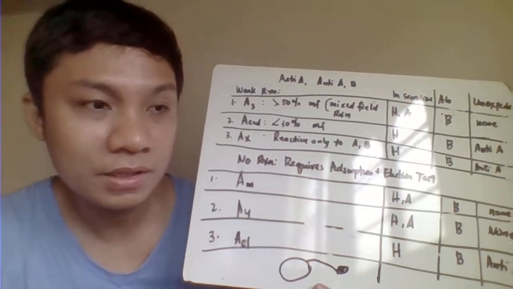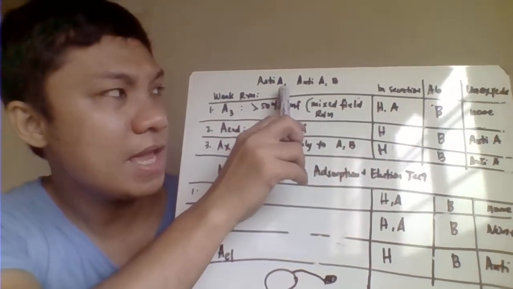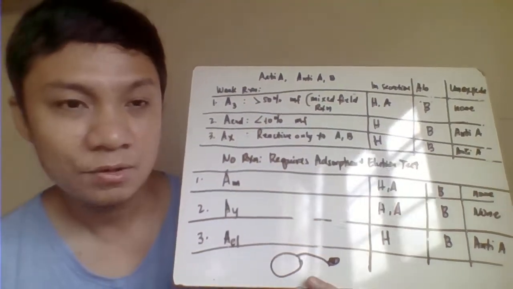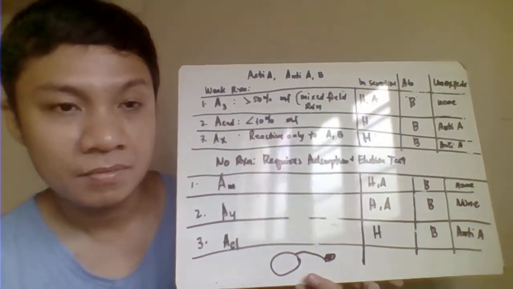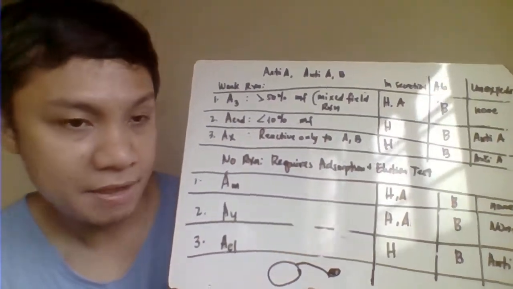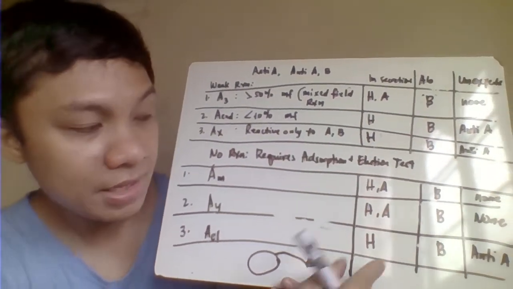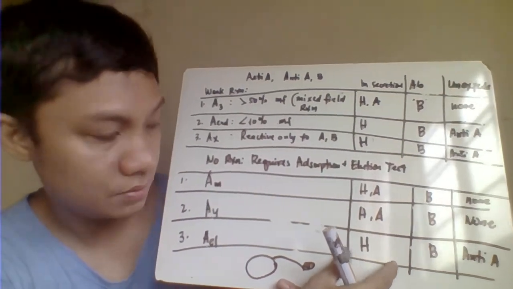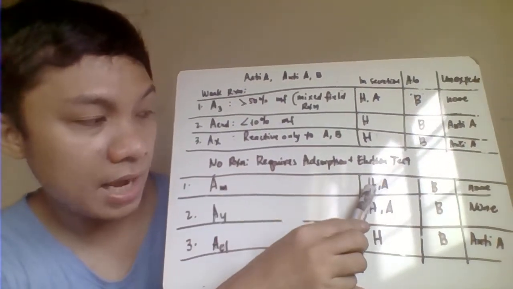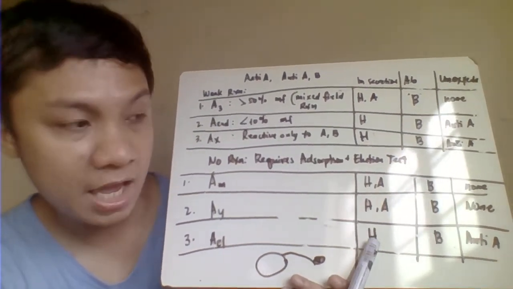So, these will not give a positive reaction with just the addition of your anti-A and anti-AB. So, you first need to perform adsorption and elution in order for them to be reactive. AM, AY, AL: they have their antigens found in the RBC membrane and their secretions. For AM, H antigen and A antigen; AY is A and H; and AL is only H.